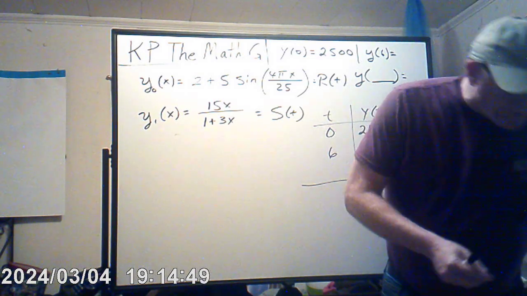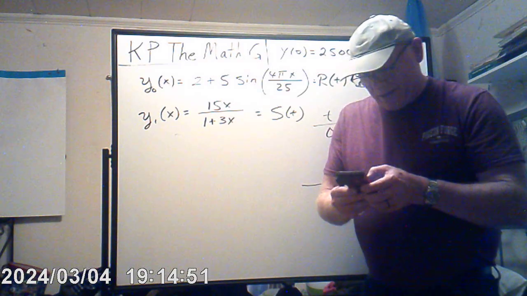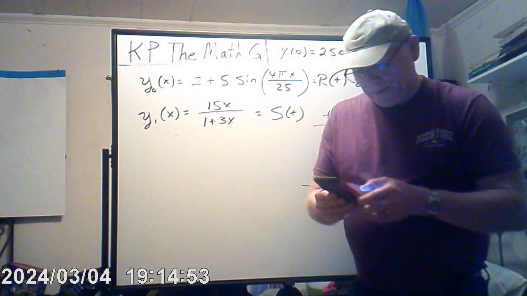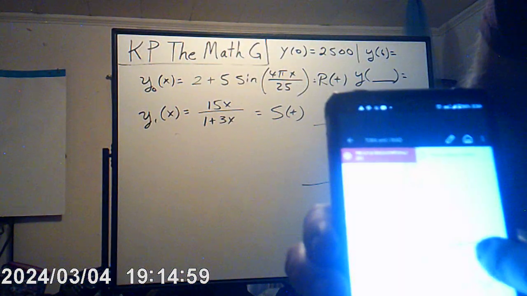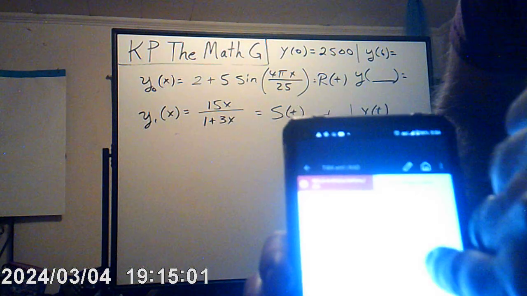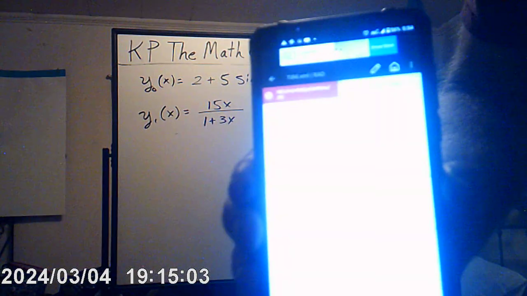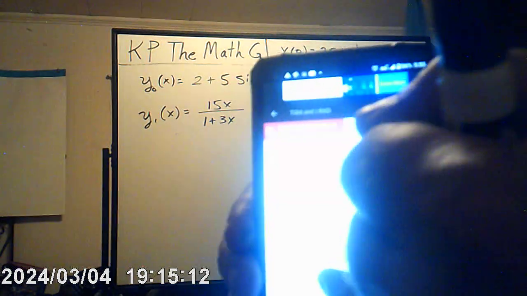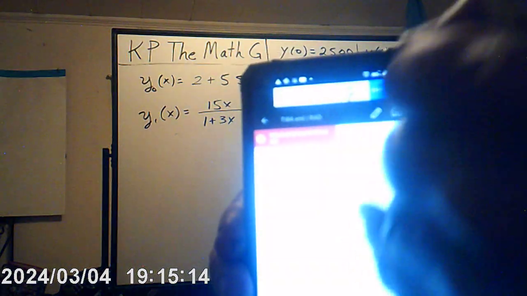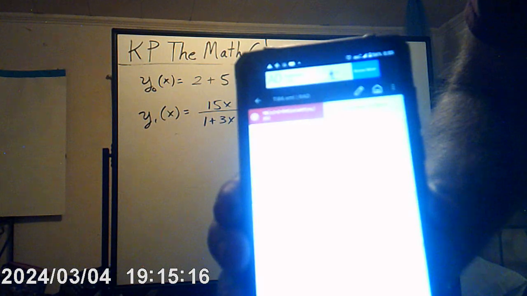I did graph those. So when I hit graph, this is what I came up with here. If you look real carefully, right somewhere after 5, I don't know if you can see that, but right here after 5 is the place where they intersect, where the red line and the blue line intersect each other.